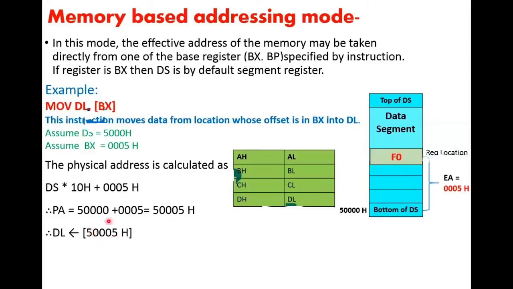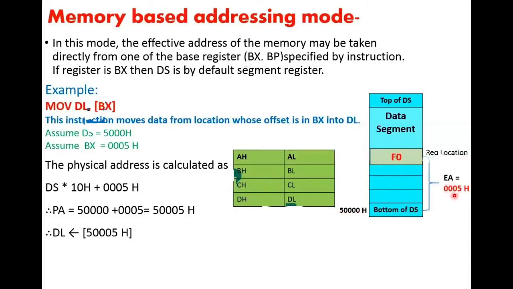So this is the location. In this location, 8-bit data is there. That 8-bit data we are going to transfer to DL. The base address of the data segment is given here, that is 50000, and the offset is 0005, or we can say the effective address.